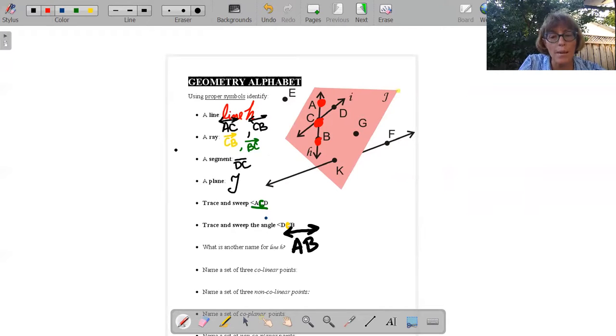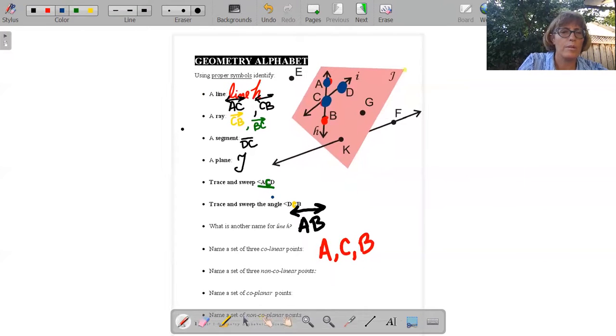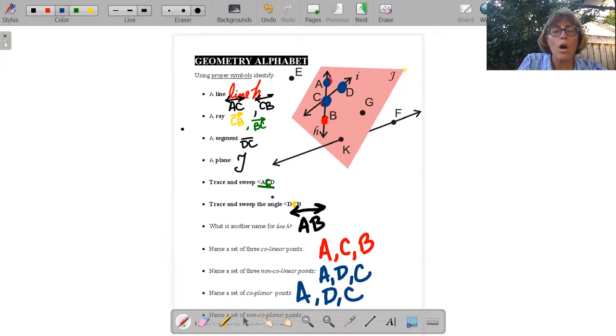Collinear means on the same line, so points A, C, and B are collinear. Non-collinear would be like A, D, C. However, the points A, D, C are coplanar, which means they are on the same plane.